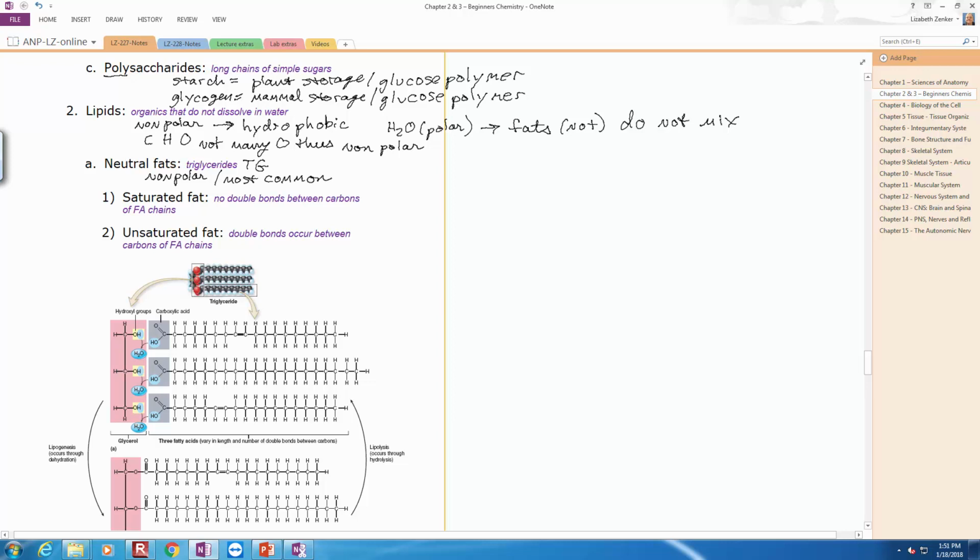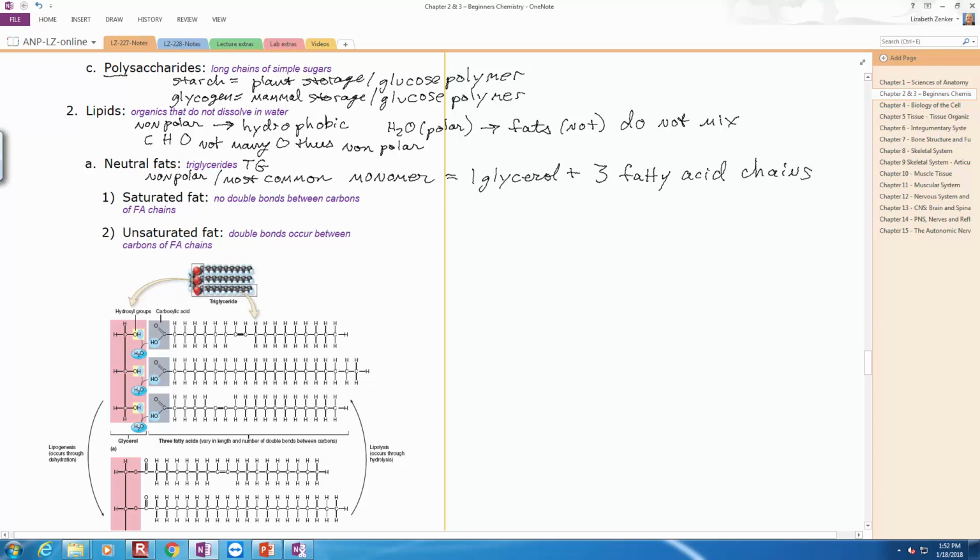It is a monomer. Monomer means the single building block of it. The monomer is one glycerol, which is the backbone, so one glycerol molecule plus 3 fatty acid chains.